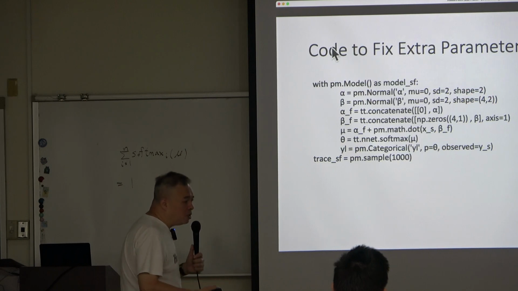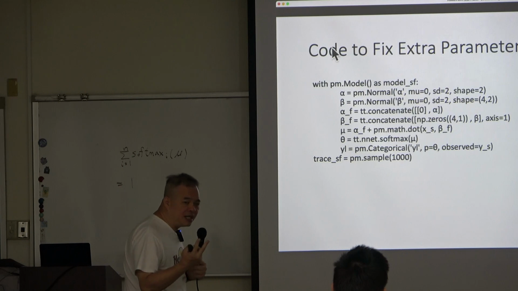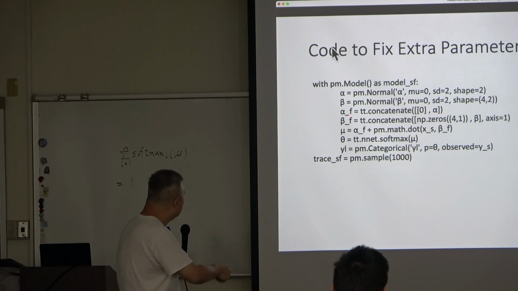We only output the probability of 2 classes, because the third one we can compute. That's exactly what we are talking about here. Then, for the third one, we intentionally concatenate a 0 to alpha. We use NumPy zeros to generate some number of zeros and concatenate that to the matrix. The other part is exactly the same.